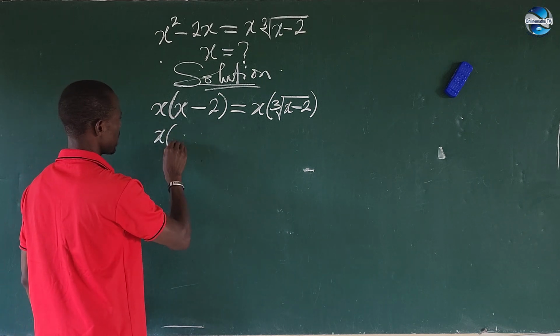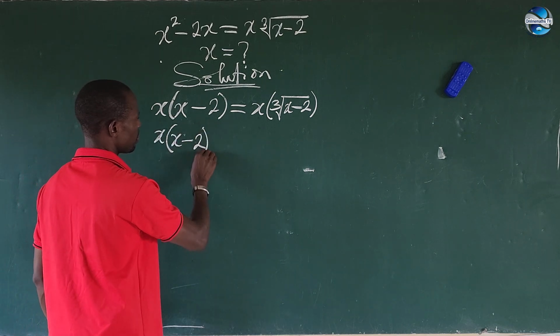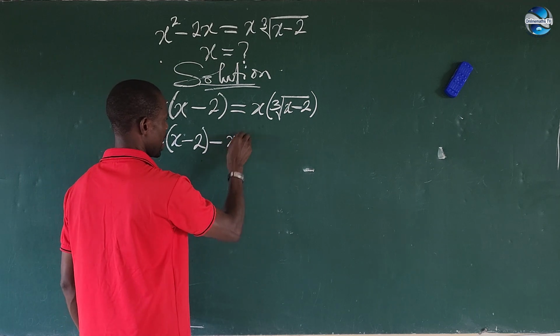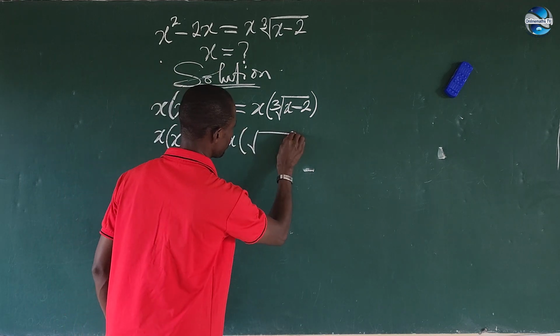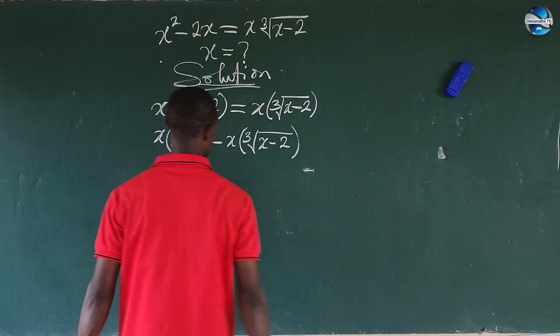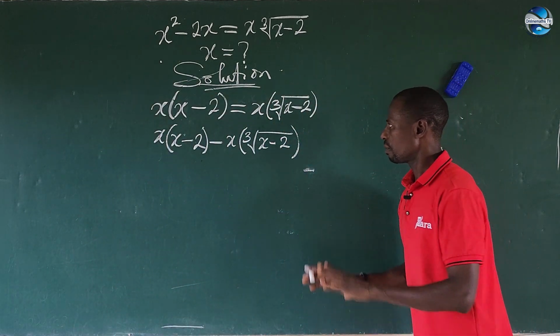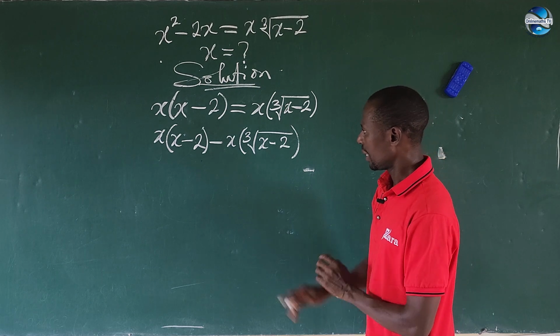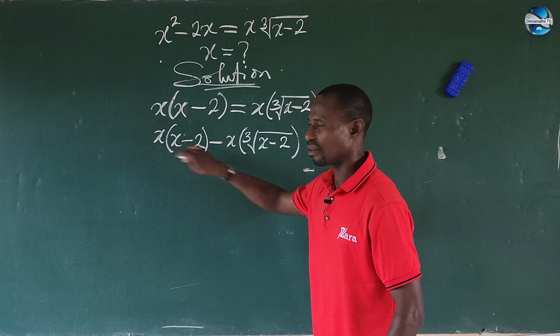So this is going to give us here our x minus 2 close bracket. If we cross it to this side, it turns to minus x bracket, the cube root of x minus 2 close bracket. Okay, now let's watch carefully here. What we do here now, we can now factor x out from this system.